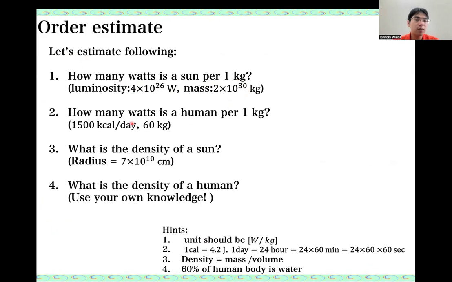In addition, you can estimate how many watts a human produces per 1 kilogram. Using these two calculations, we can compare watts per mass for humans and the sun. This is a very interesting problem, and please try at least these 2 questions. And here is another problem, so please try it. Okay, I would like to finish this movie. Thank you very much.